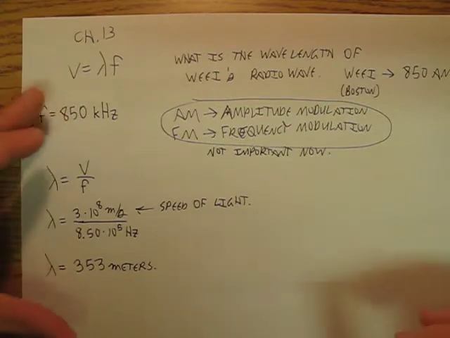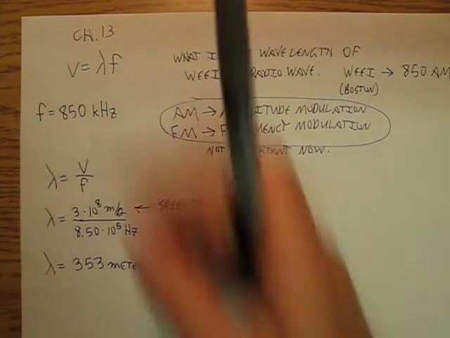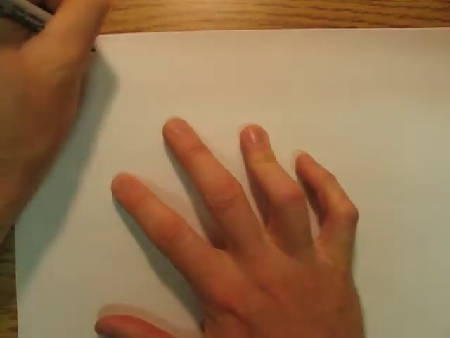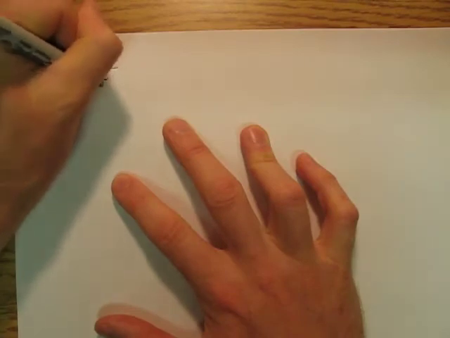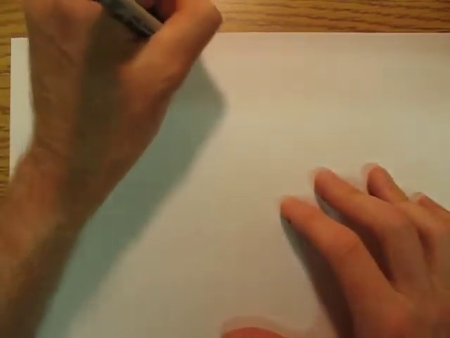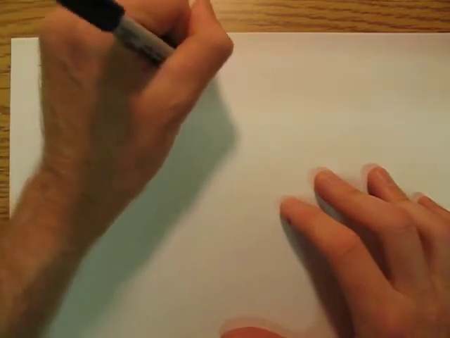Okay, so we've done that before, and now another thing that I'm going to do in this introductory one, Back to the Future again, is we're going to go back to this equation, I equals P over 4 pi R squared, and we used that for sound, and we also said that it applied to light.